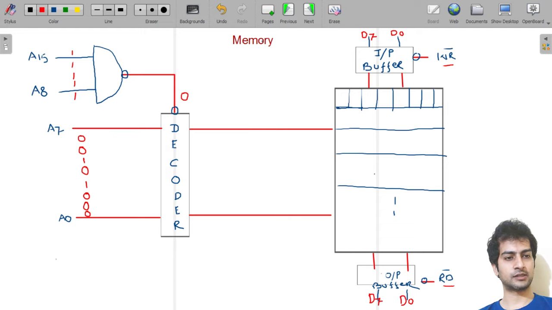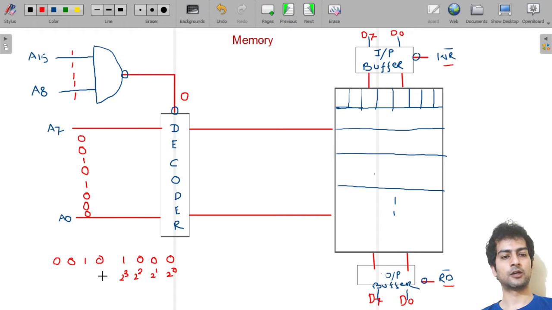So suppose it is 0 0 1 0 1 0 0 0. So it will be 2 to the power 0, 2 to the power 1, 2 to the power 2, 2 to the power 3, 2 to the power 4, 2 to the power 5, 2 to the power 6, 2 to the power 7.